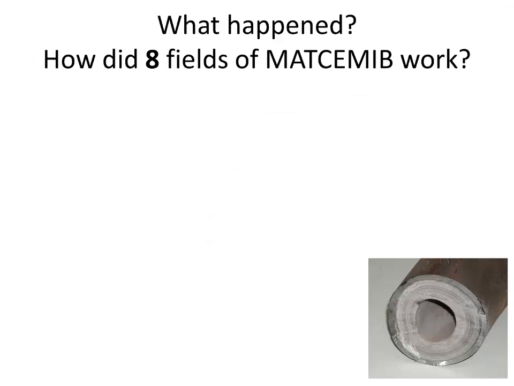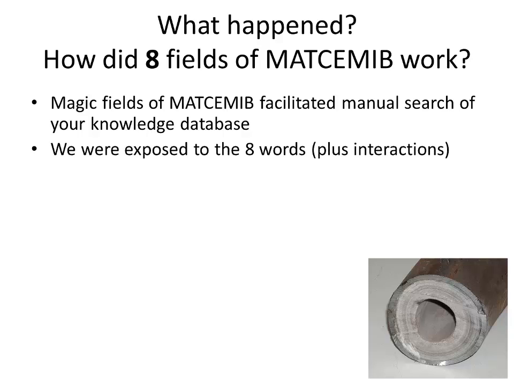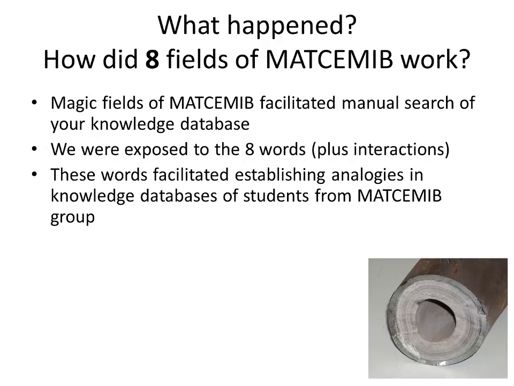Now, let us ask ourselves, how did these 8 fields of MATCEMIB really help the students to generate more ideas? In essence, these fields facilitated manual search of the knowledge database of the students. Basically, every student was exposed to 8 words, and each word plus interactions related to the words facilitated establishing analogies in the knowledge base of students from the MATCEMIB group.